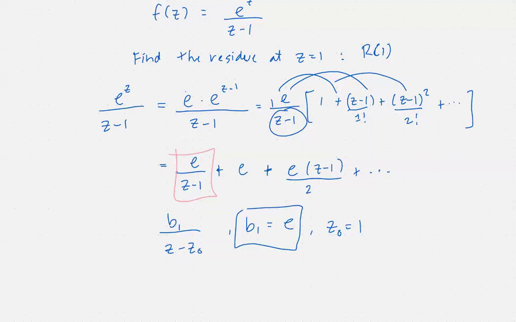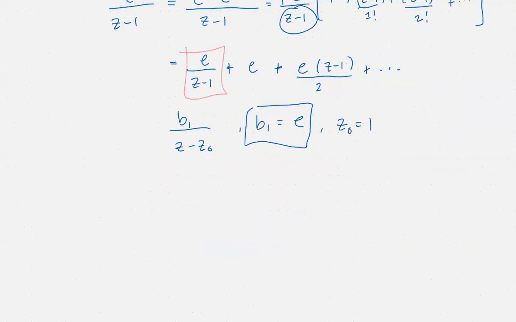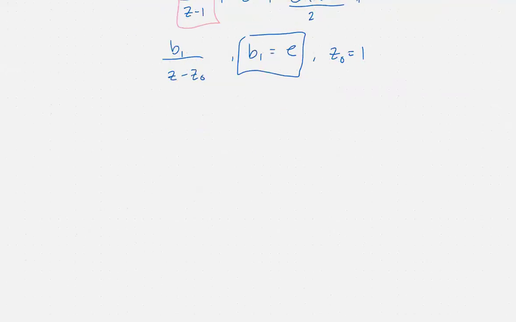Number 2 is what we call simple pole. Okay, so we defined simple pole before, right?